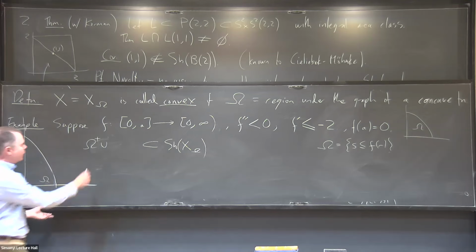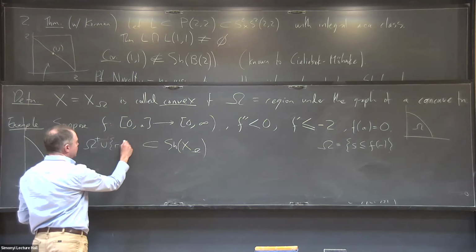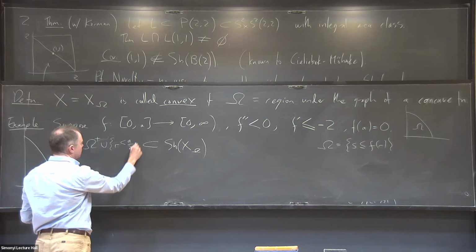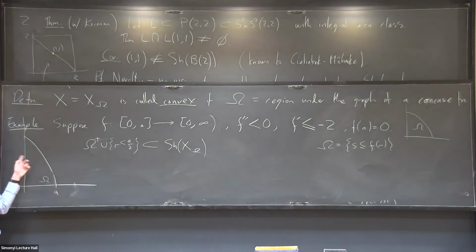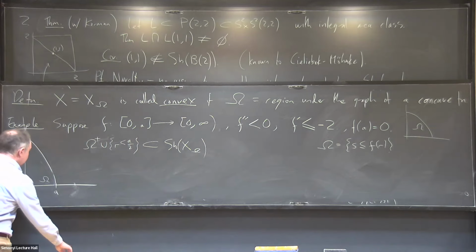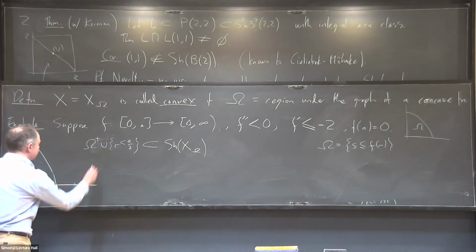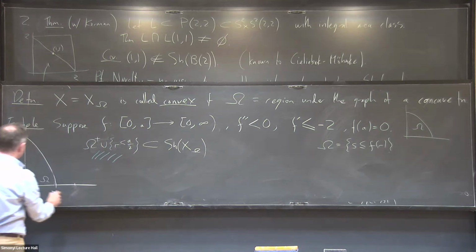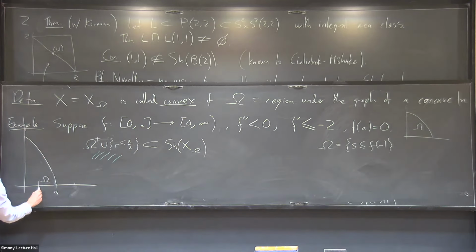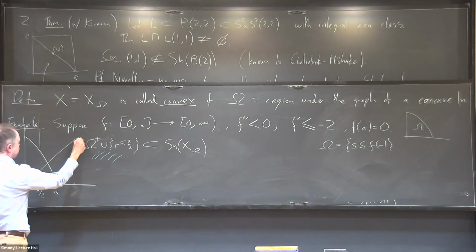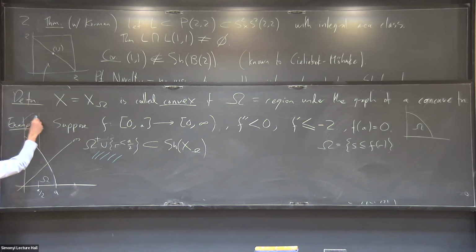So the width of the strip is going to be less than a over 2. So that's a subset of the shape. Now draw that in blue. You've got a over 2, and there are also the diagonals involved here. So all of this stuff is contained in the shape.